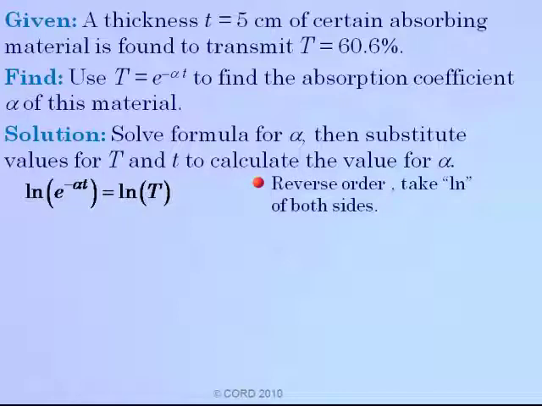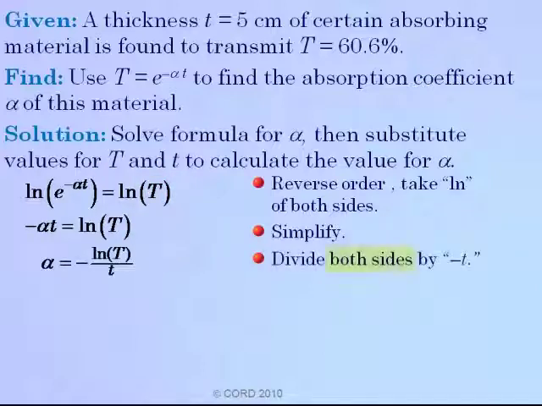So we'll reverse the order like before to get the alpha on the side that we'd like it to be. Take the natural log of both sides, natural log because we're dealing with the base of e this time, and simplify. So we know that the natural log function is going to bring down the exponent, so minus alpha t equals the natural log of T on the right-hand side.